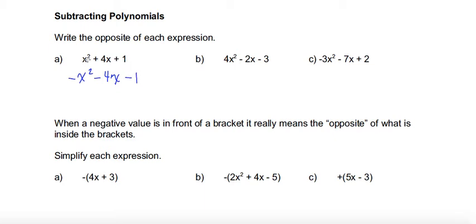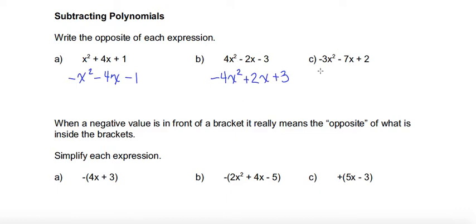So same variables, same exponents, same coefficients, but opposite signs. Example B, instead of 4x squared, it becomes a negative 4x squared. Our negative 2x becomes a positive 2x, and our negative 3 becomes a positive 3. So same numbers, same variables, same exponents, but opposite signs.